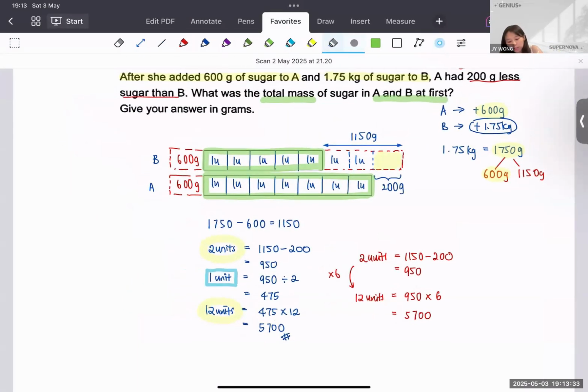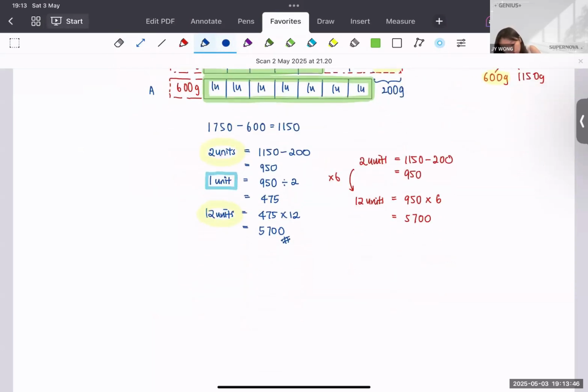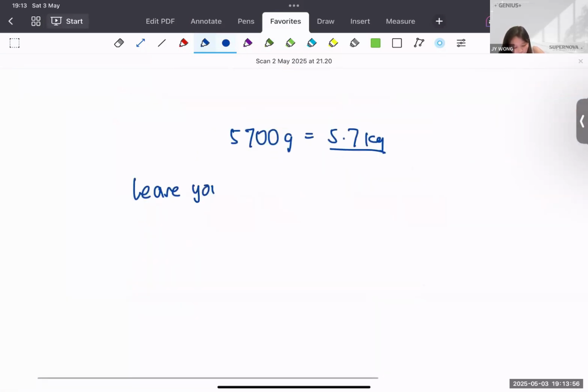The question already says answer in grams. In case they ask you to leave your answer in kilograms, your answer will be 5,700 grams changed to 5.7 kg. Then sometimes they do ask you to leave your answer in kilograms and grams.